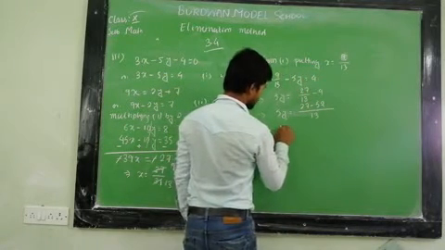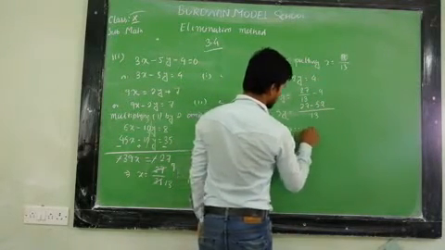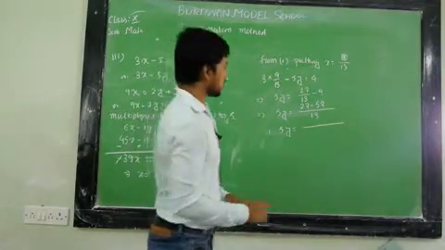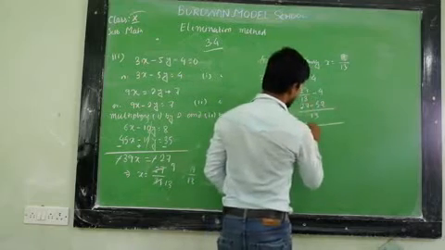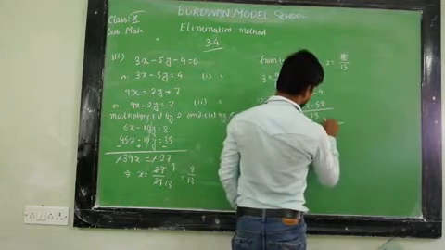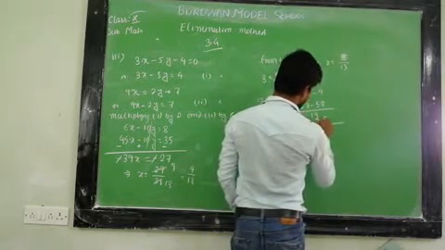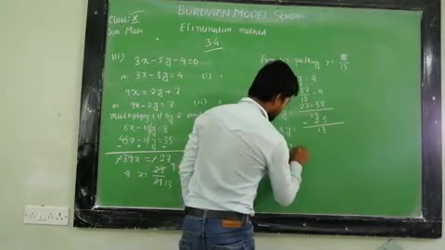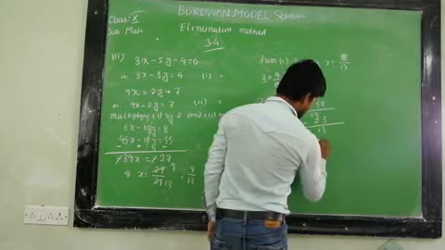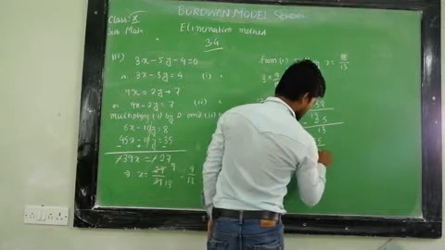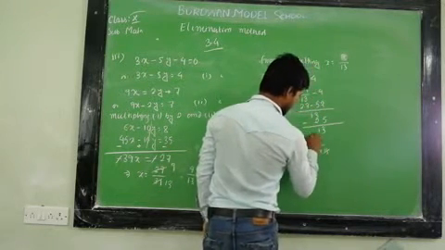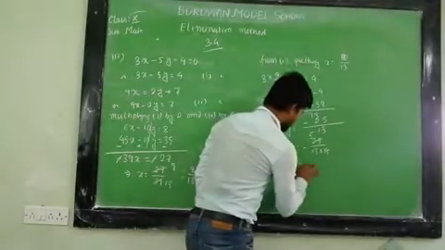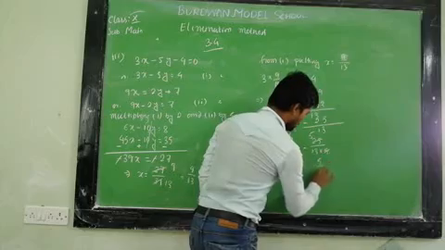If I subtract 52 from 27, it will be minus 25 by 13. That means y will be minus 25 by 13 into 5. So 5 and 25 cut. So that means y is equal to minus 5 by 13.